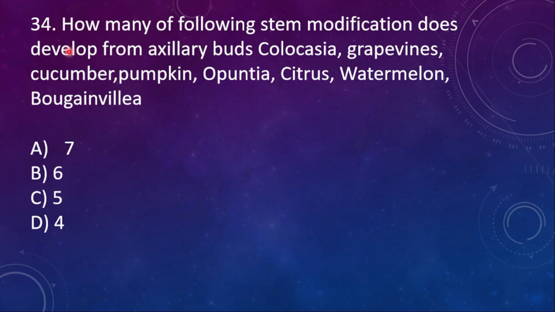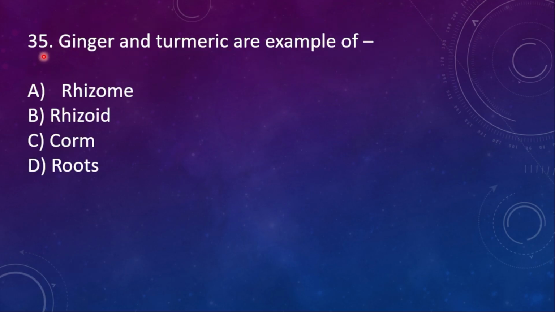In the sense, the option is 6. 35, ginger and turmeric are example of A rhizome, B rhizoid, C corm, D roots. So here the right option is rhizome.